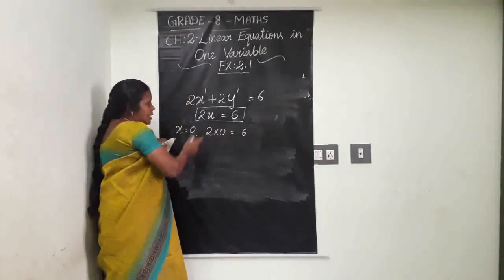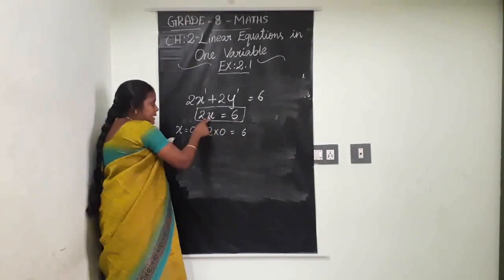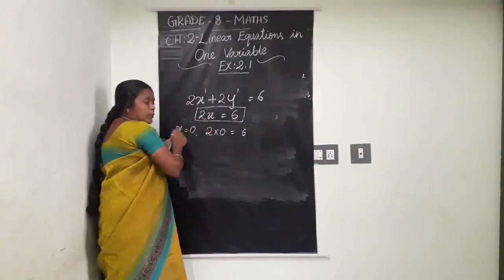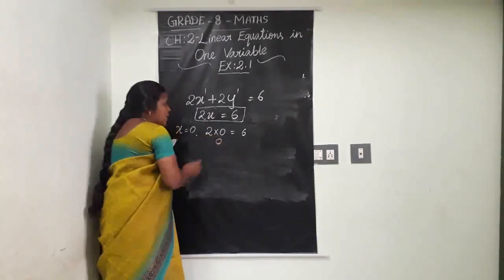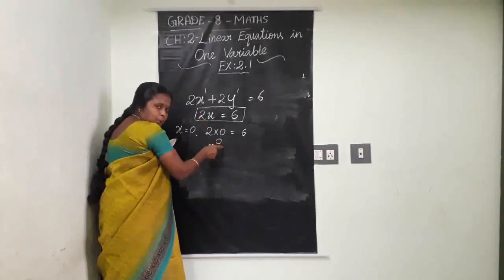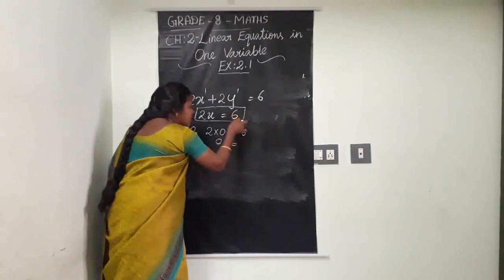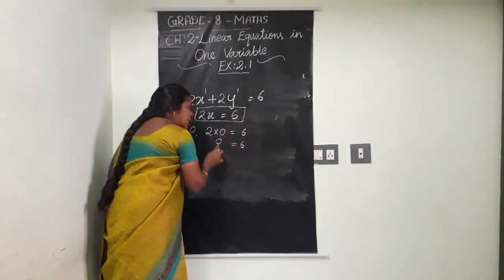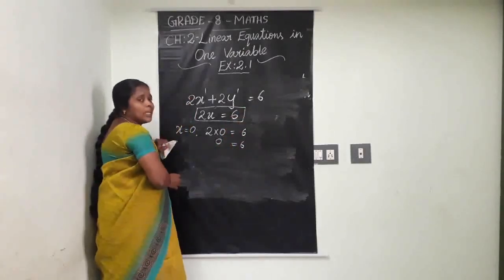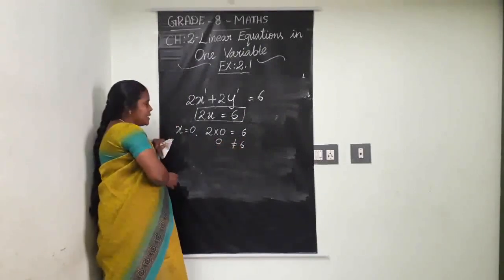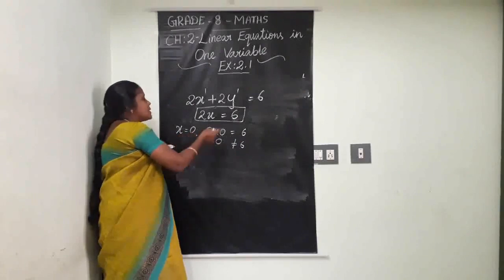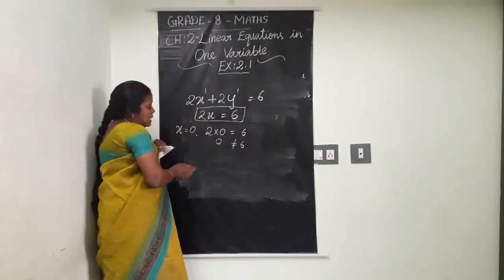On the left hand side, instead of x, I have taken the value 0, so 2 into 0 is 0. The left hand side value is 0. The right hand side given in the equation is 6. They are not equal. That means we can tell 0 is not a solution.